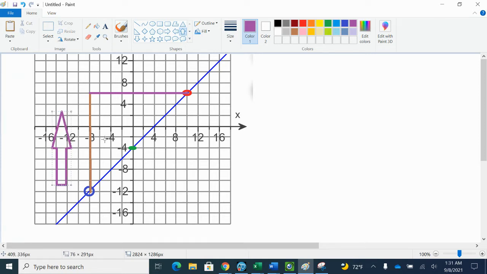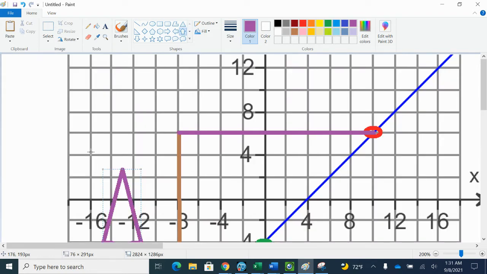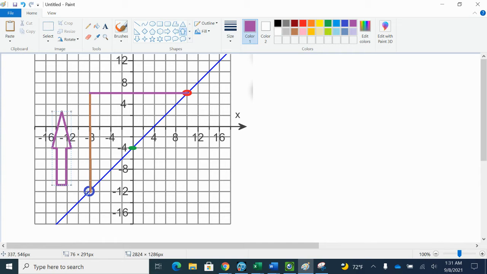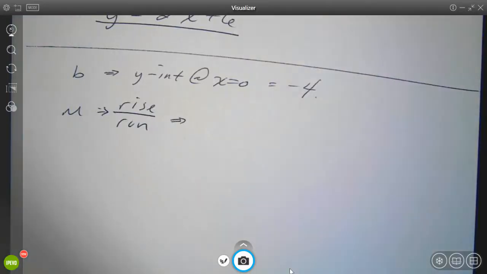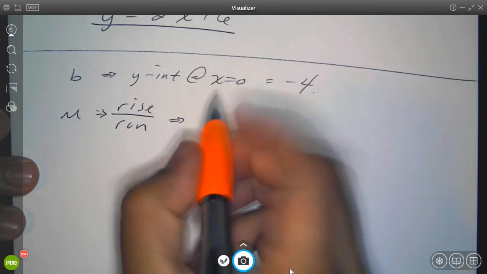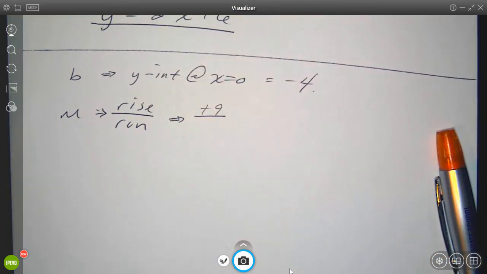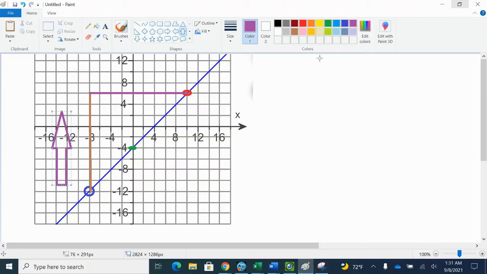Now count your spaces. Again, I'm going to zoom in here for you just a little bit. I can't zoom in that much. Look, I went up 1, 2, 3, 4, 5, 6, 7, 8, 9. So again, I'm going to go to my paper. I'm going to write that fact. My rise between any 2 points that I chose was a positive 9. Now I have to count my horizontal change.